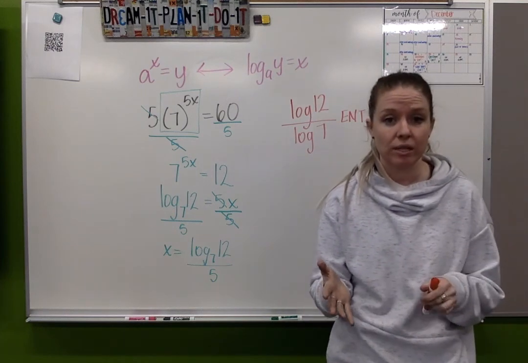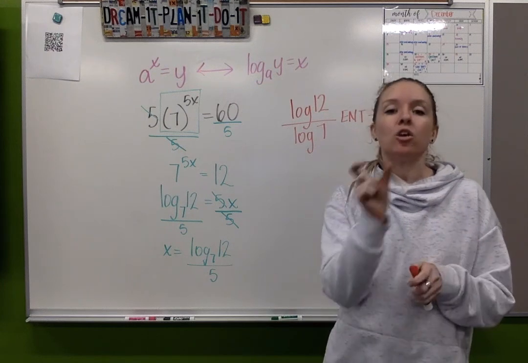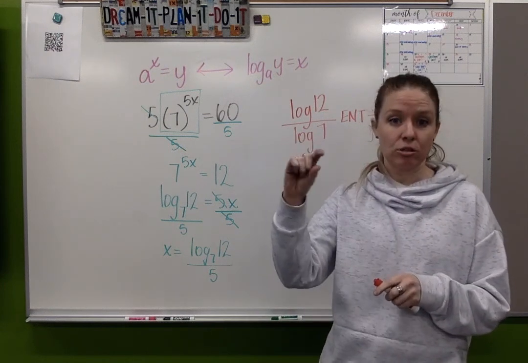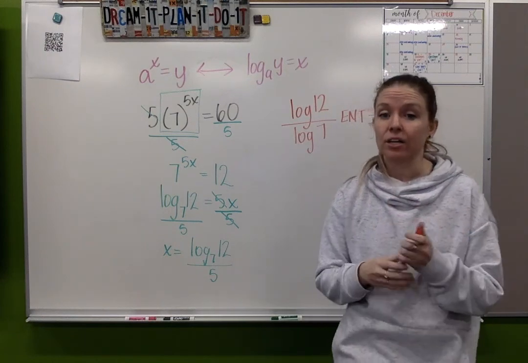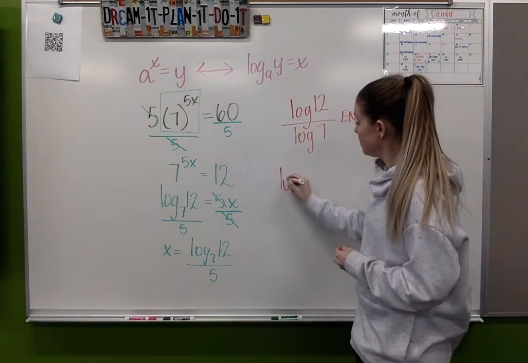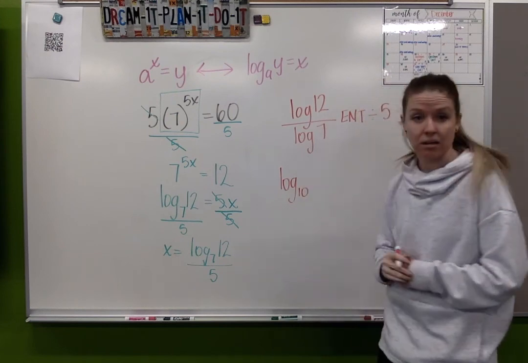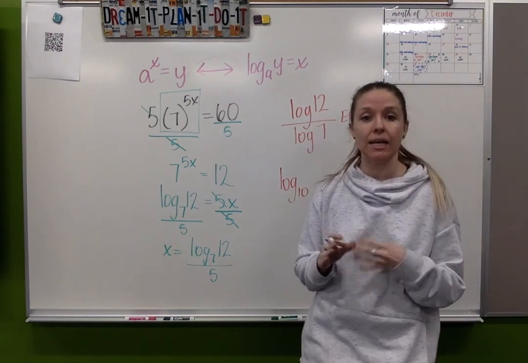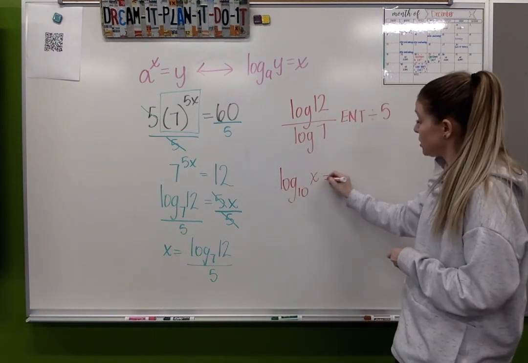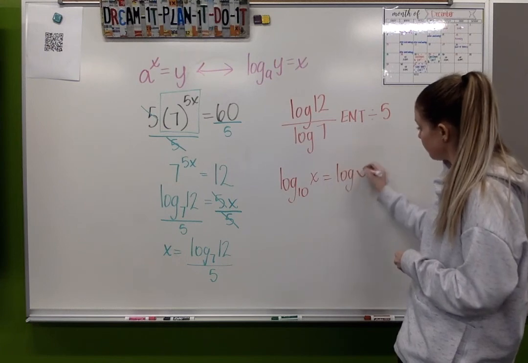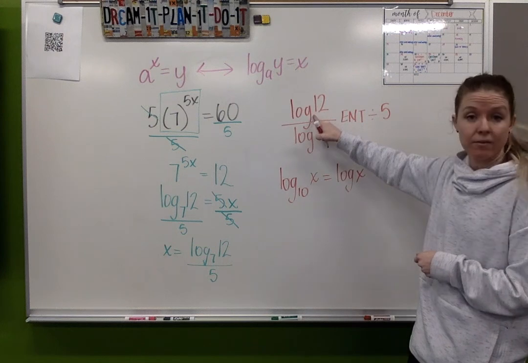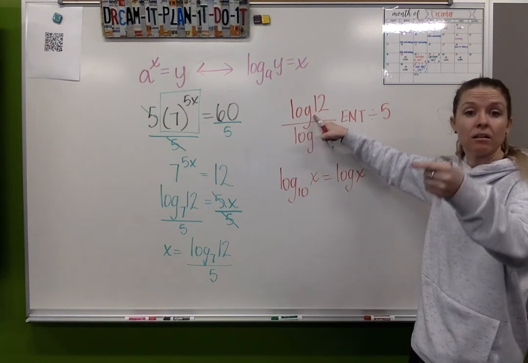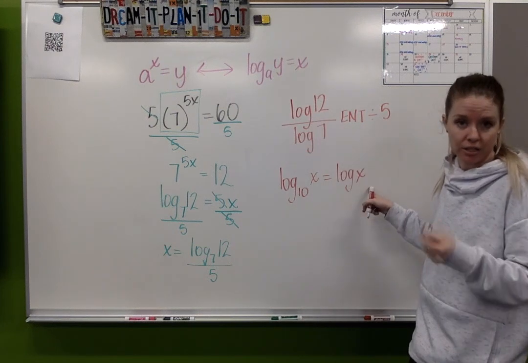The reason that we have to do this, if you look at your calculators, you have a log button and a natural log button, the ln. Log in a calculator always has a base 10. They don't write the 10, it's implied. So it would just look like this. This is how the calculator thinks. So we have to put the log in the language the calculator can interpret.